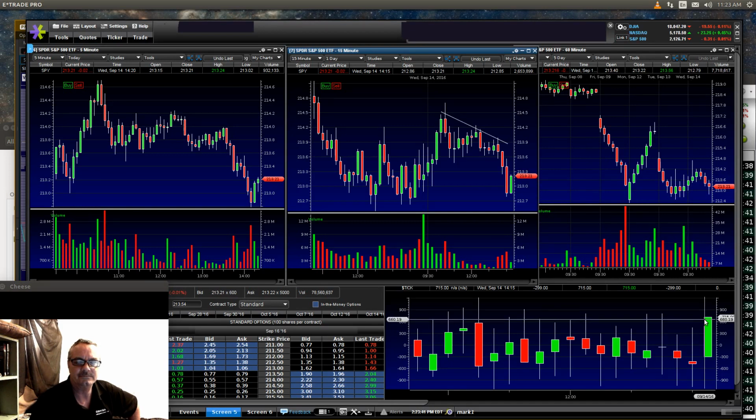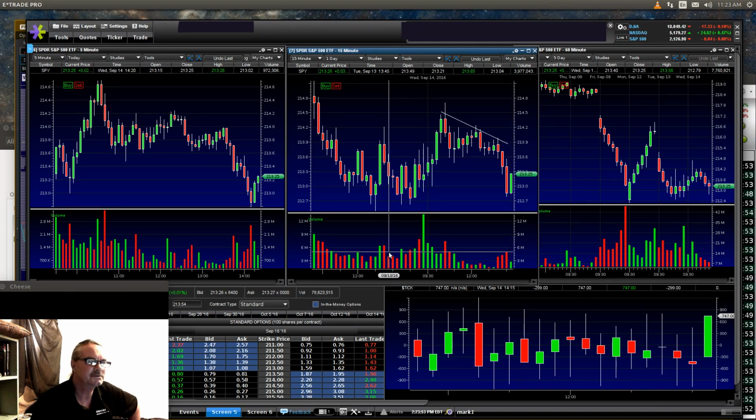Oh, there's some bullish ticks coming in. Any volume behind that? A little bit, not much. So it stays above the midpoint of the previous candle.